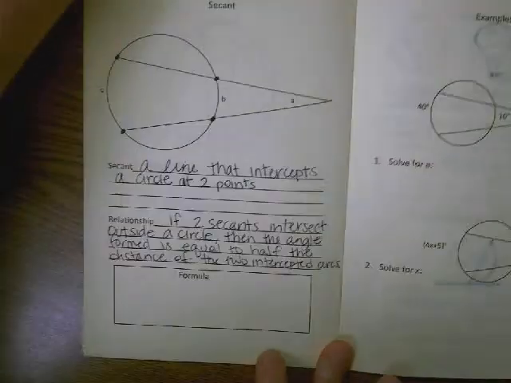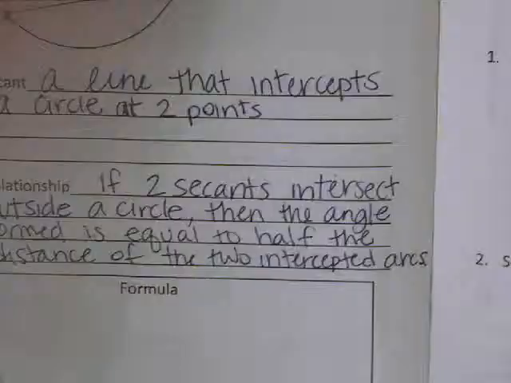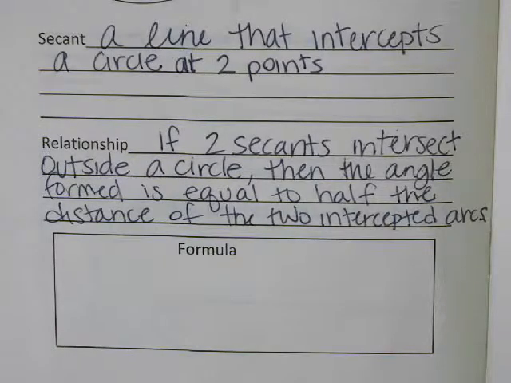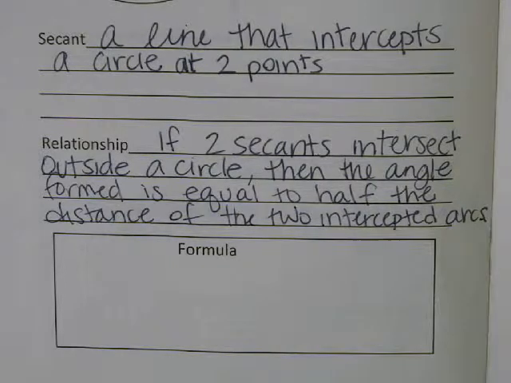Whew. It's a big old long sentence there. It says, if 2 secants intersect outside of a circle, then the angle formed is equal to half of the distance of the 2 intercepted arcs.